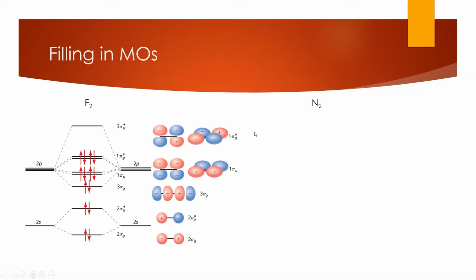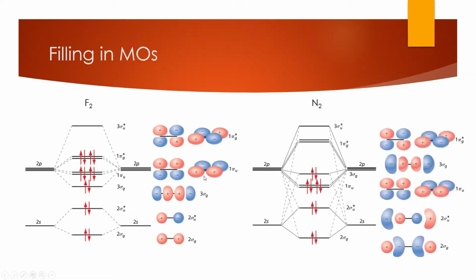But nitrogen is going to be different in that for nitrogen, the pi orbitals are actually lower in energy than the sigma orbital. I'll leave you thinking about that, and we can talk about that in class if we have time, or save it for next class. This has to do with the interaction between the s orbitals and the p orbitals.